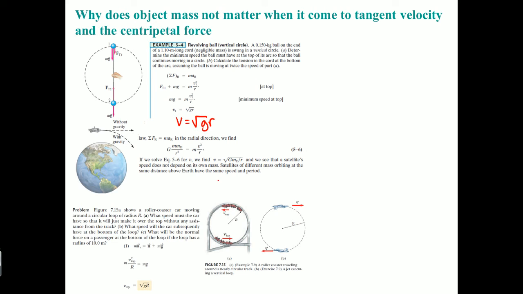So this one would be v equals the square root of G m(e), mass of Earth, over r. And lastly, we talked about an object going around in a circle. So there's a normal force. The velocity at the top for it to barely make it over the top is the square root of gr, right? Exactly like the minimum speed at the top here, right? Notice all these are mass independent. Mass does not affect the velocity whatsoever.